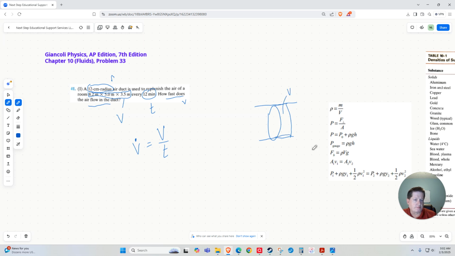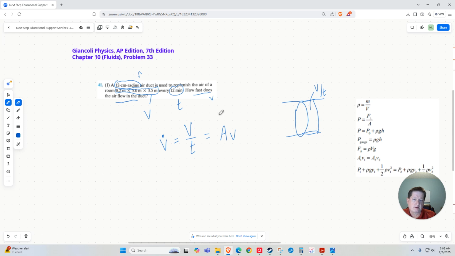That would represent a volume. If it's passing through per time, that would be a volumetric flow rate, which is what this is representing. So area times a velocity is the same thing as a volume per time. Again, it's dimensional analysis. So even though we're not really using this equation, we are using the concept where the volumetric flow rate is the area times the velocity, which is what they asked us for.